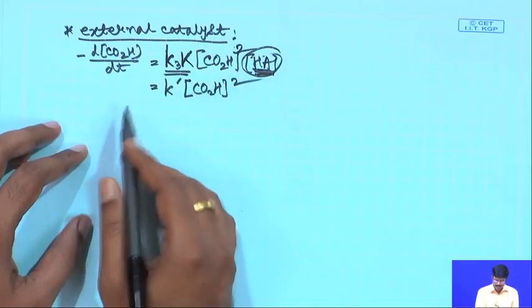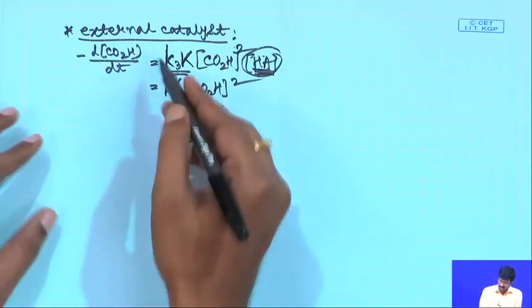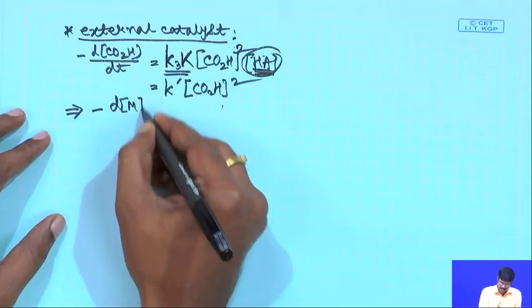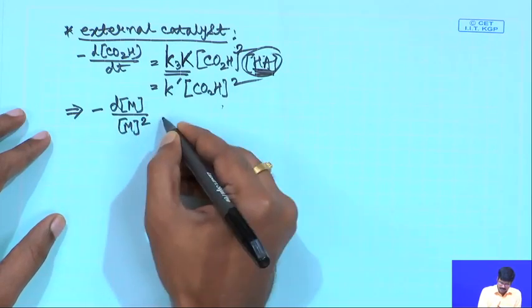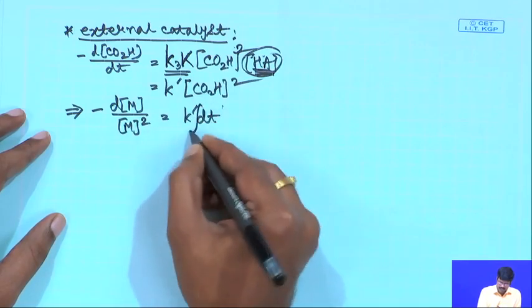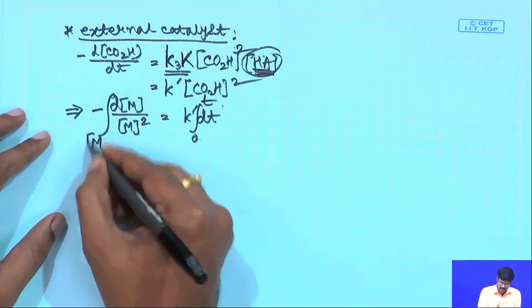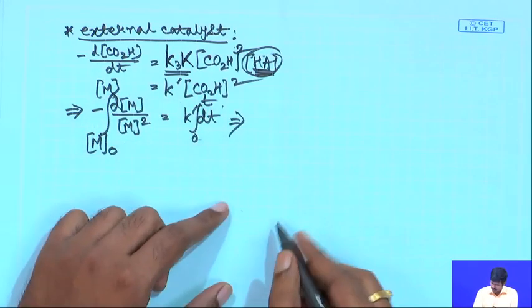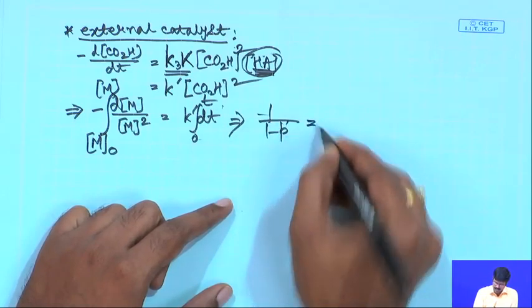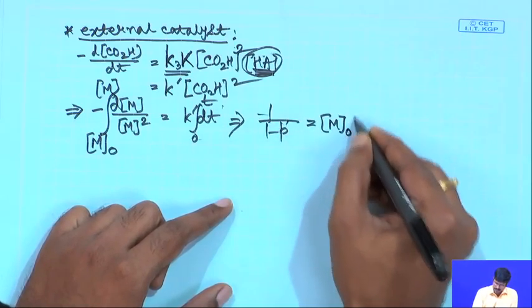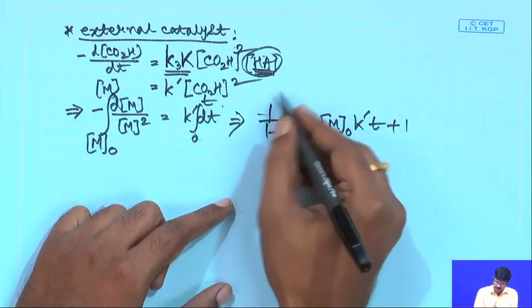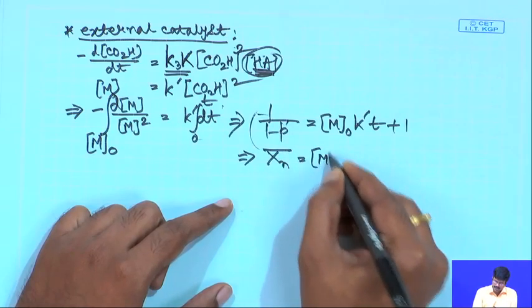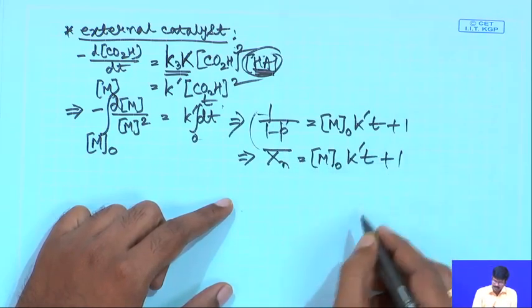Now you do the same thing: an integration, where CO2H you can replace by m. So minus dm by m square equals k prime dt, integral 0 to t, integral m0 to m. If you do the calculation, what you get is 1 divided by 1 minus p equals m0 into k prime t plus 1. This 1 divided by 1 minus p from the Carothers equation is xn bar, so xn bar equals m0 into k prime into t plus 1.